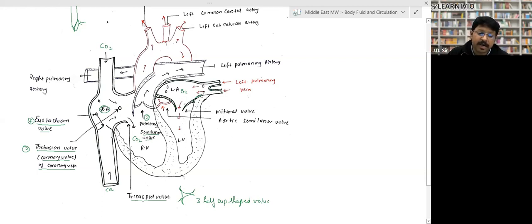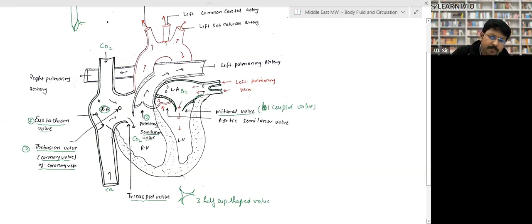Between the left atrium and left ventricle, there is a guard which prevents the backflow. This is called the mitral valve. Mitral valve is also known as bicuspid wall. Bicuspid wall means two half cup-shaped walls. Blood came here in the left ventricle.